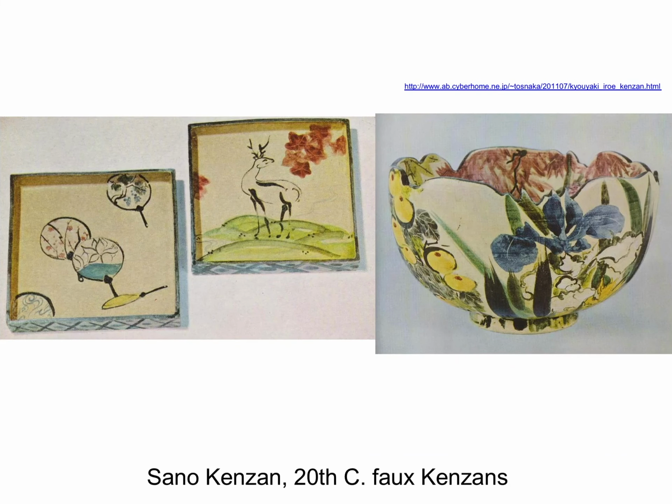Those are again examples of Sano Kenzan made in the 20th century with illegal aims of fooling collectors to buy this work for huge amount of money when they were actually not original work. And I find those works still very beautiful, very charming, and the fact that they are fakes is not necessarily detrimental to our aesthetic appreciation of them, although their market value is greatly undermined.